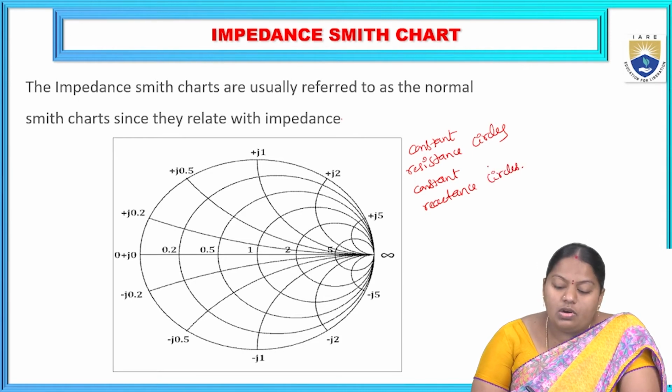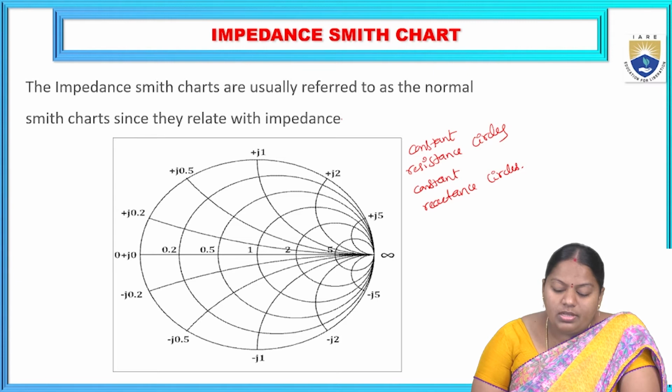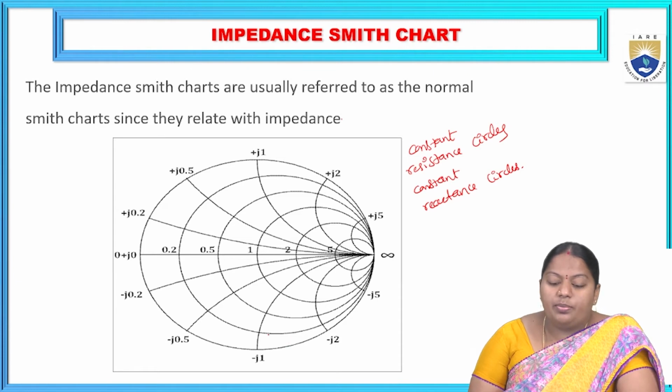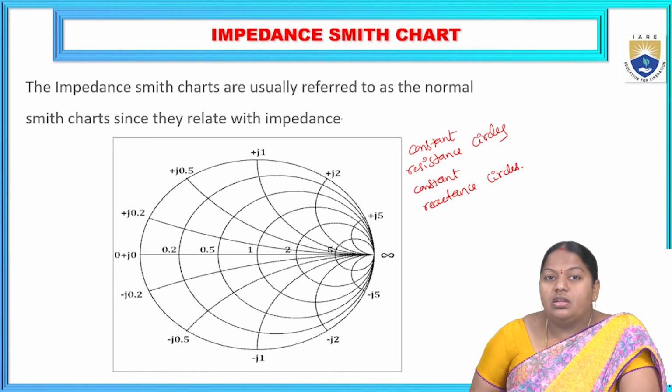Right? In order to draw this Smith chart, we need two different types of circles. One is constant resistance circles, and another one is constant reactance circles. To represent this, we use the complex impedance plane as well as the complex reflection coefficient plane.